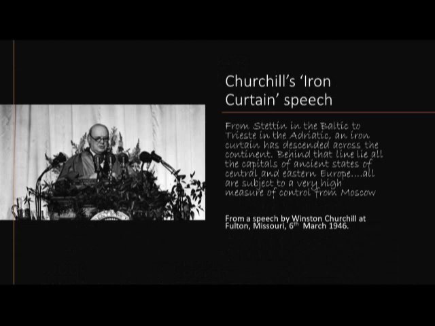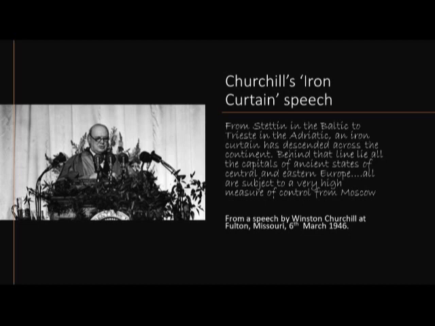Several weeks later, Churchill, no longer Prime Minister, of course, but still very respected in America, on a visit to the United States in Missouri, delivered his now famous Iron Curtain speech. He went on to say in that speech that Soviet Russia doesn't desire war, it desires the fruits of war, and that all of the countries of Central and Eastern Europe were now under a high measure of control from Moscow.